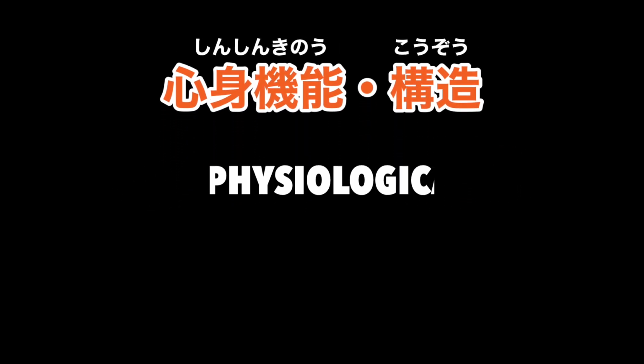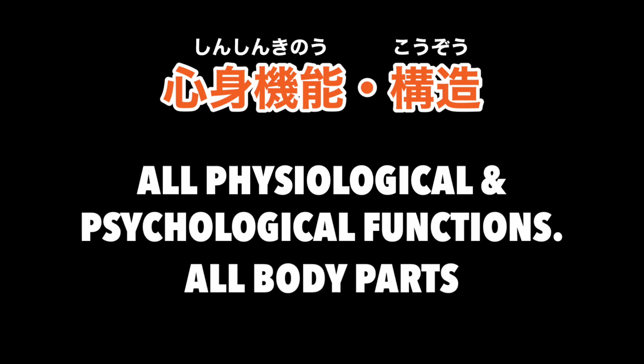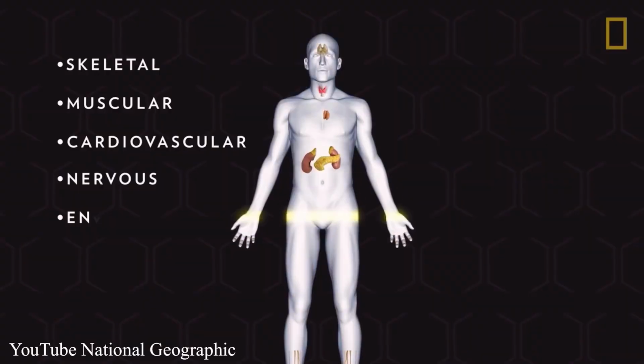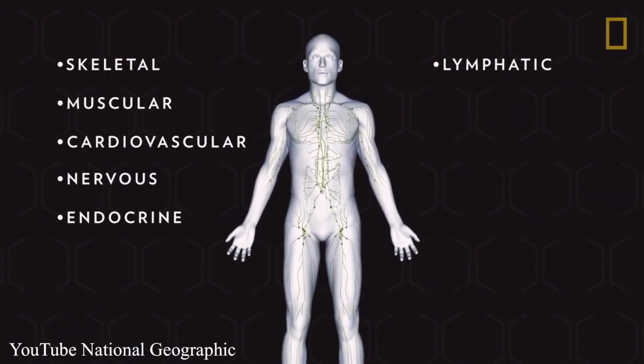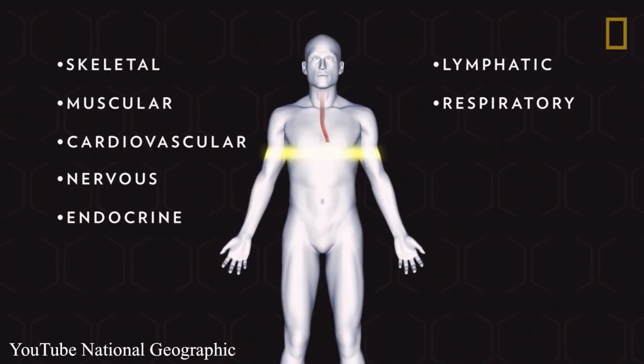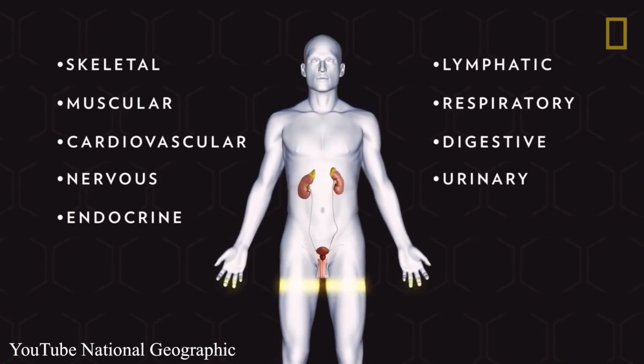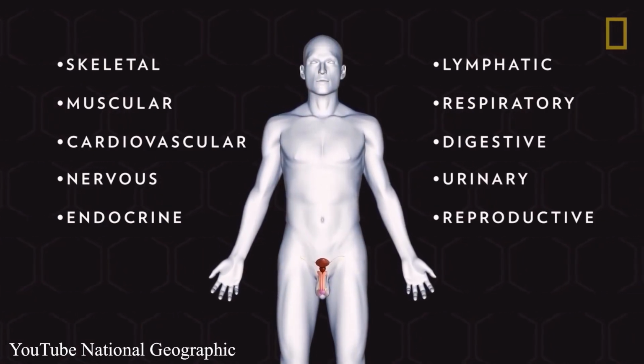Shinriki no Kozo has to do with all your physiological and psychological functions as well as all your body parts. When I say physiological functions, that means the many operations happening in your body that keep you alive, whether you can see it or not. Perfect example of a physiological function is breathing. You're breathing.